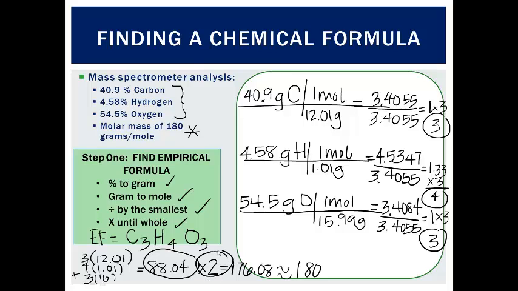So this factor of 2 becomes a big deal. What that tells me is that my empirical formula is C3H4O3, but the actual formula, or the molecular formula, is C6H8O6, the actual formula.